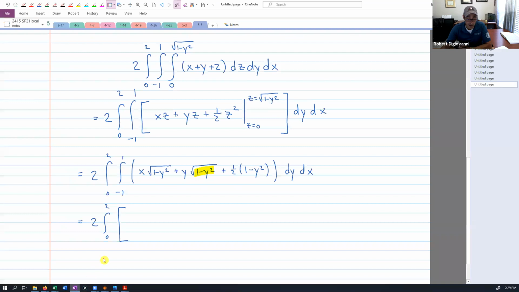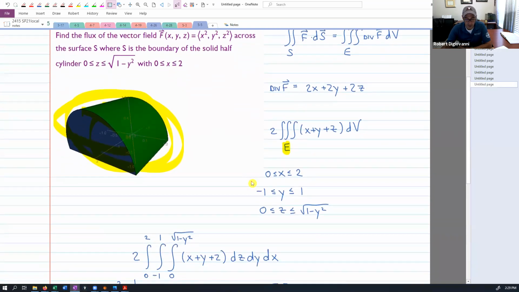I really do like that idea. Instead of doing our region like this, why don't we do it this way?